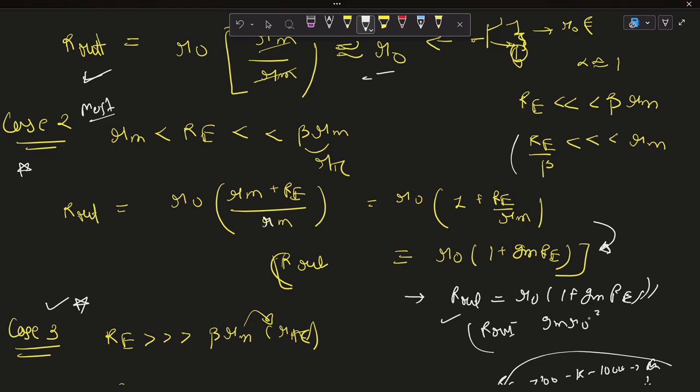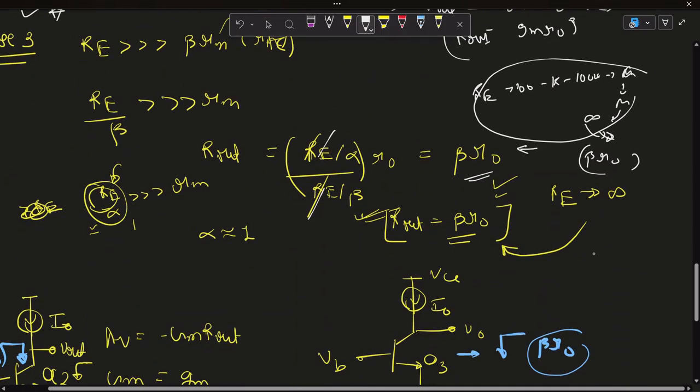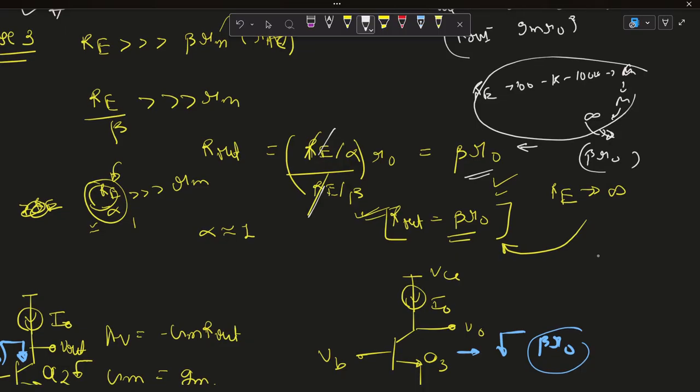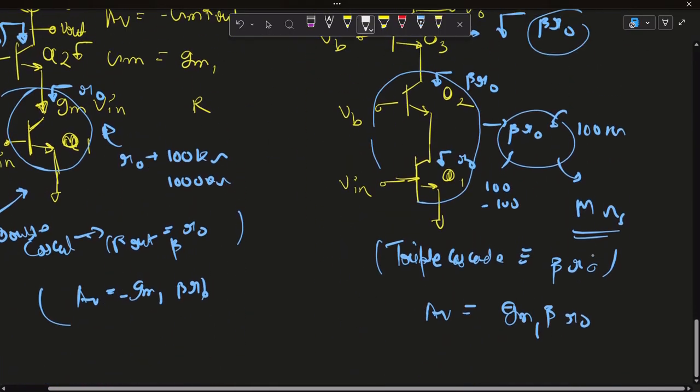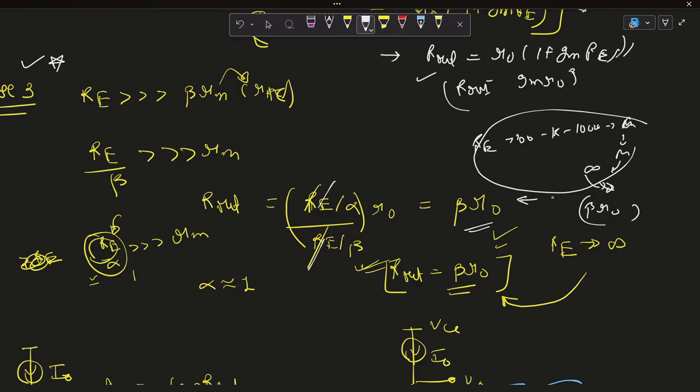This is also a higher value, but sometimes we increase Re in such a manner that it will try to saturate our output resistance at beta R naught. So this is my whole point: if we increase our Re to higher values, it will try to saturate our output impedance at beta R naught.